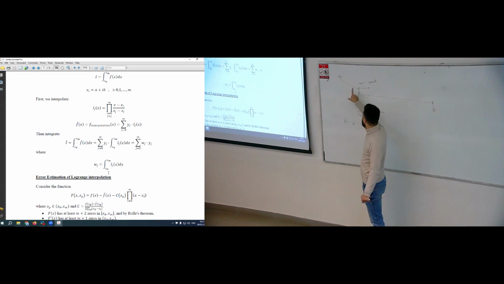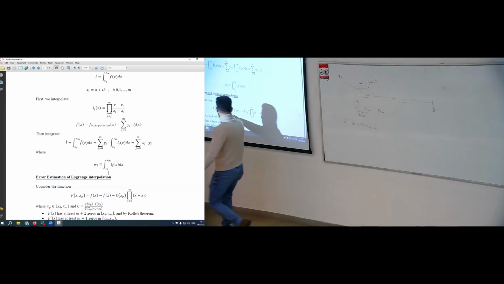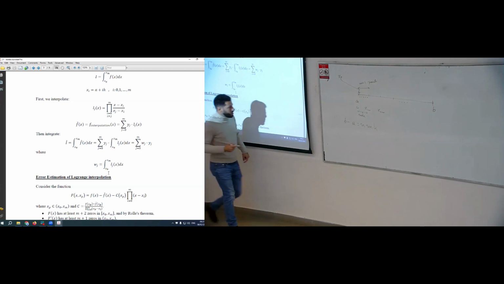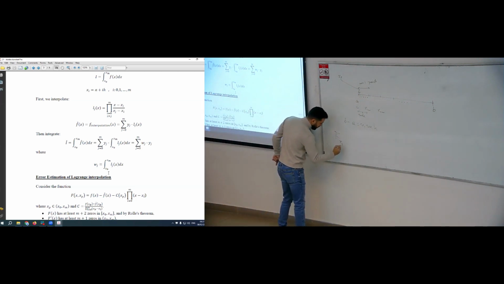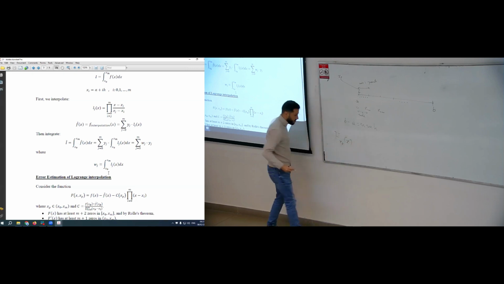So if I want the error at xp, I take this form f minus f hat. You can call the function f xp of x. So f minus f hat is 0 at each point x0, x1, x2 until xm.